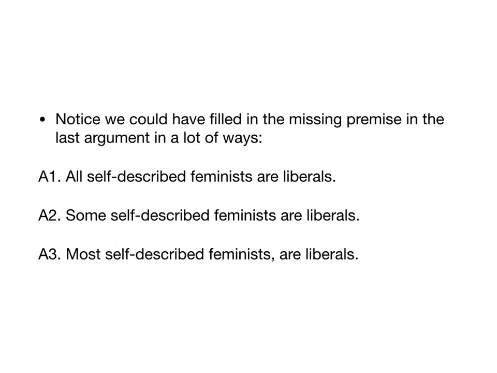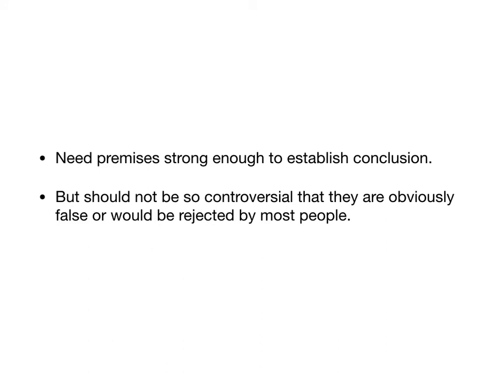Some self-described feminists are liberals isn't a premise that's strong enough to establish the conclusion. But the premise should not be so controversial that it's obviously false or would be rejected by most people. In some sense, all self-described feminists are liberals is a very strong premise, but it's so strong that it's obviously false, right?